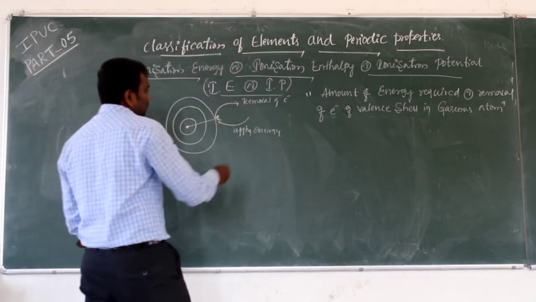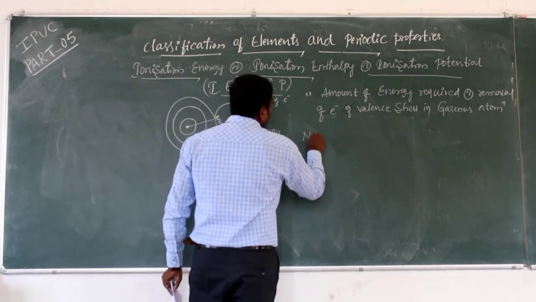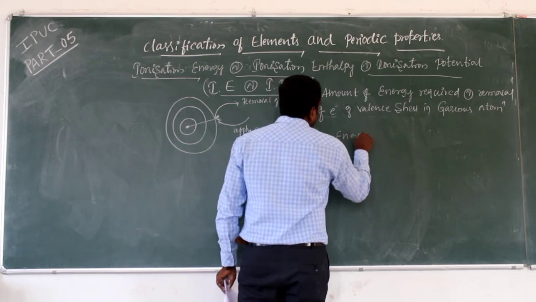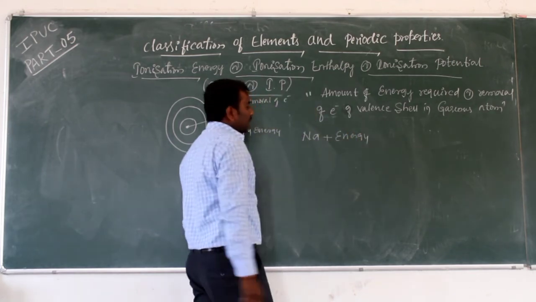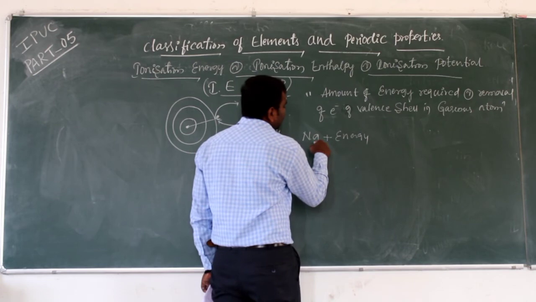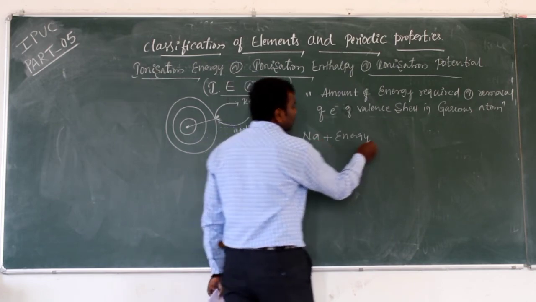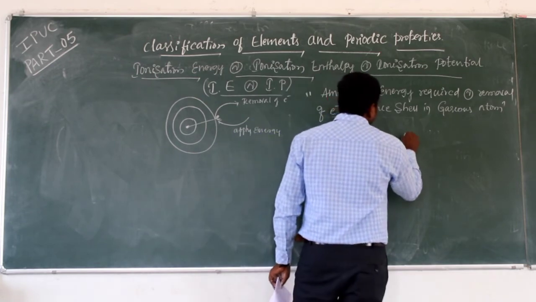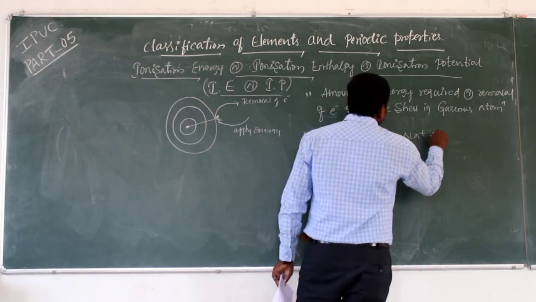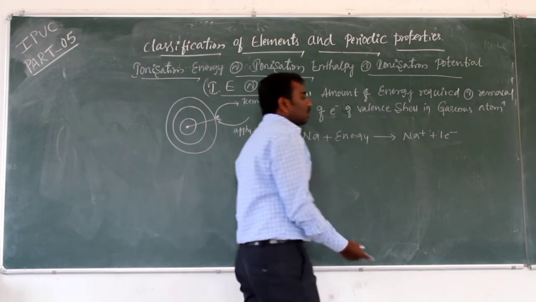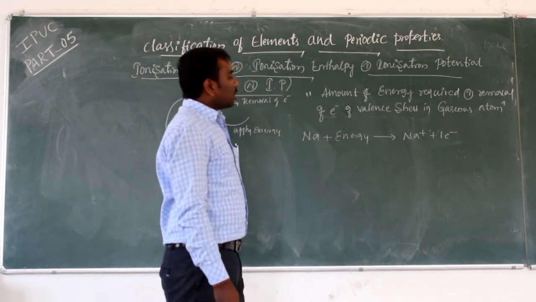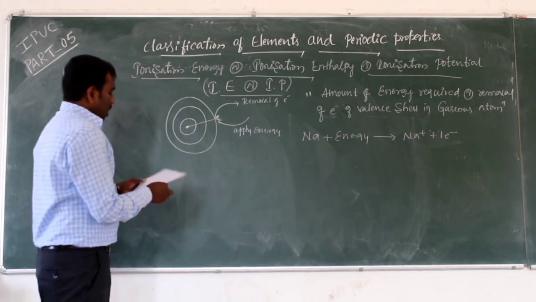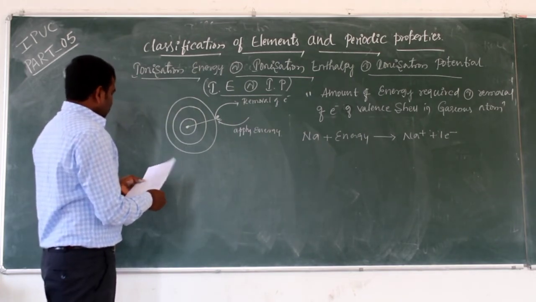For example, this sodium: we supply energy to this sodium, and one electron is removed. So Na plus 1 electron, we removed it easily. That is the process, right? See, we give some example for this one.